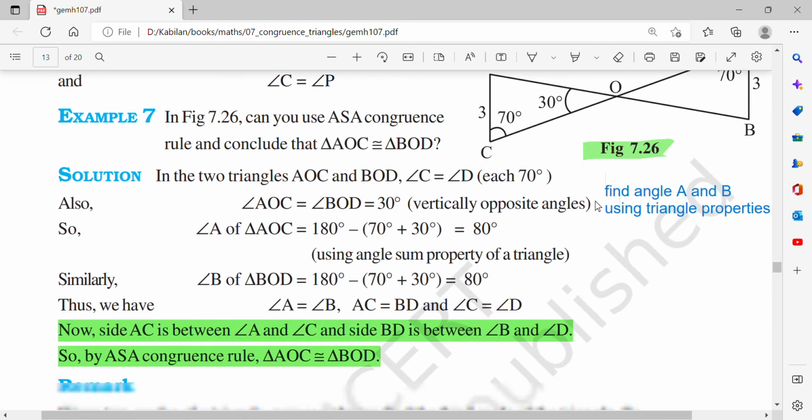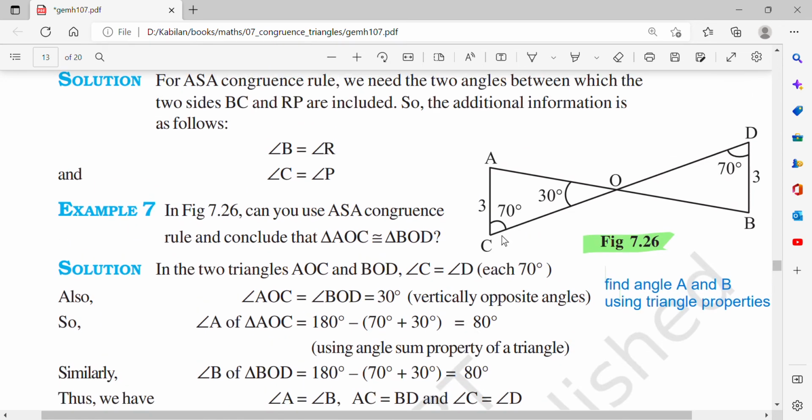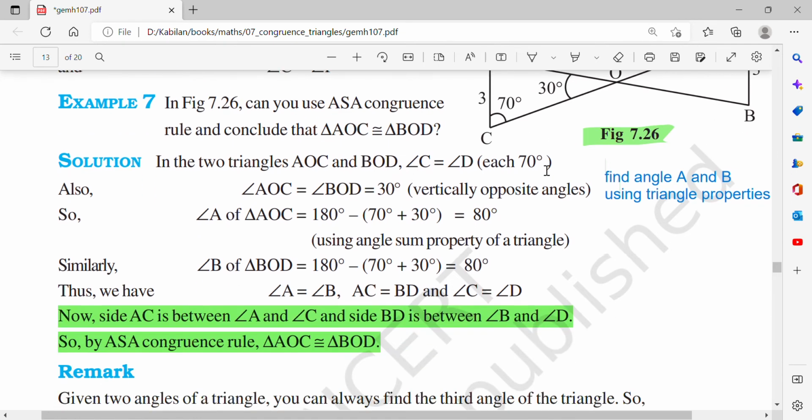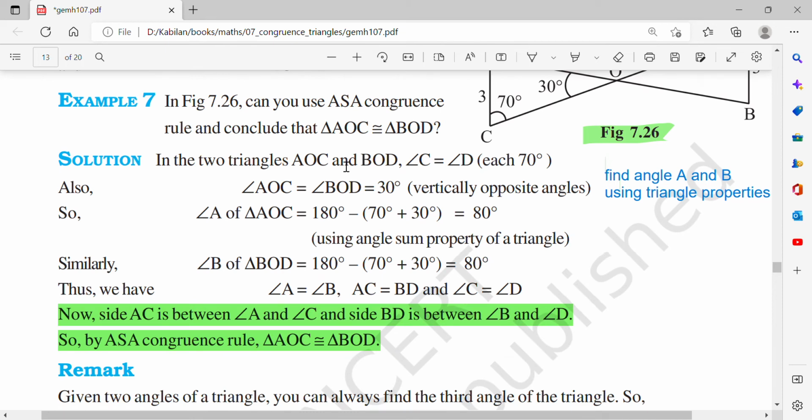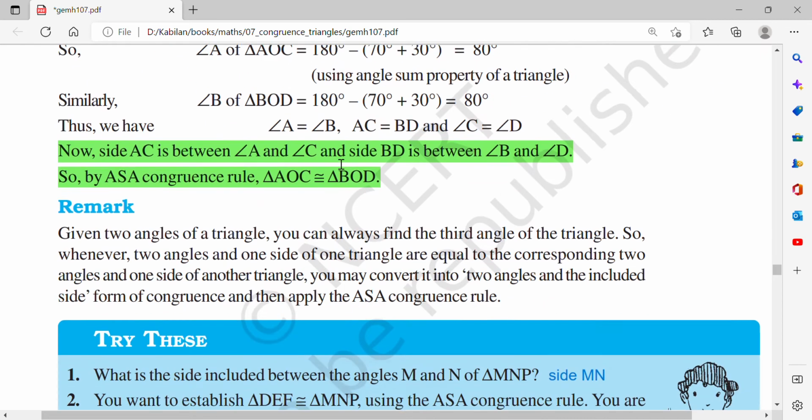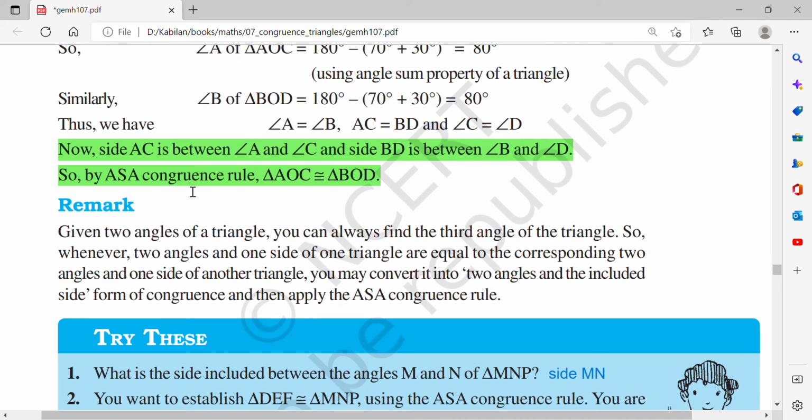So now you will see the side is given, then the angle is given. Similarly, angle side angle. So this matches the angle side angle criterion. So as per this ASA rule, AOC is congruent to BOD.